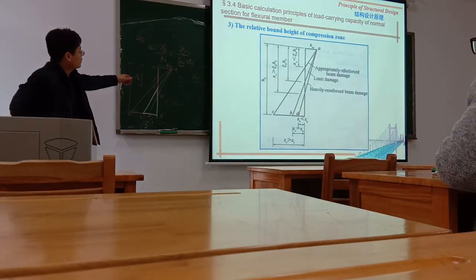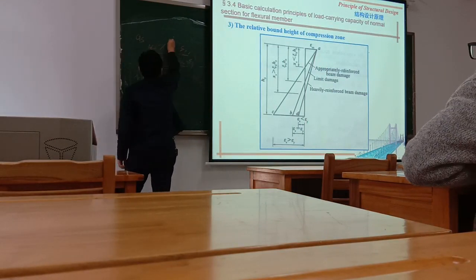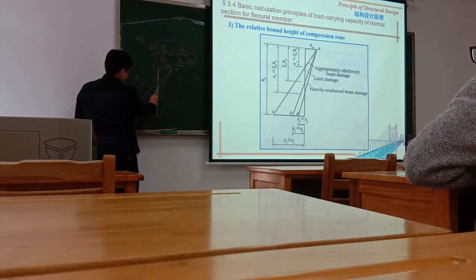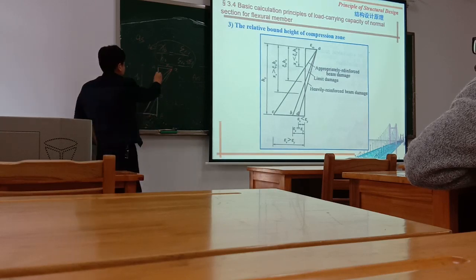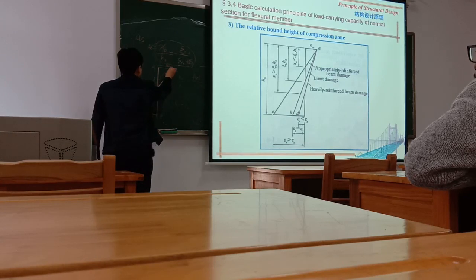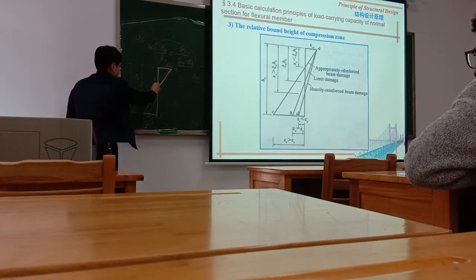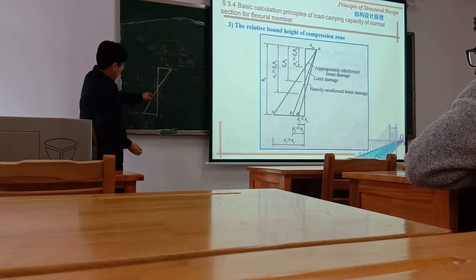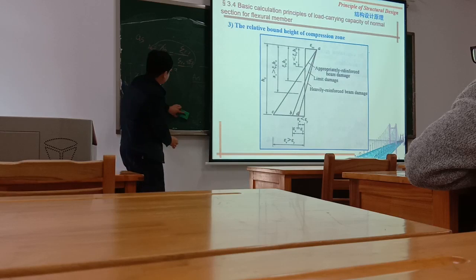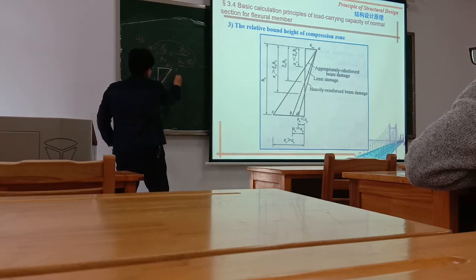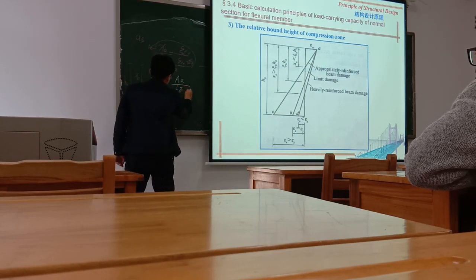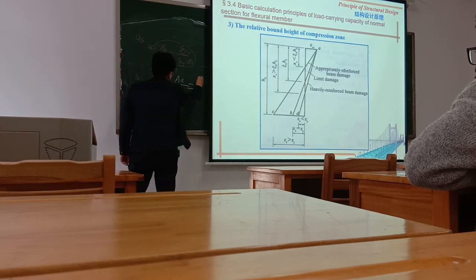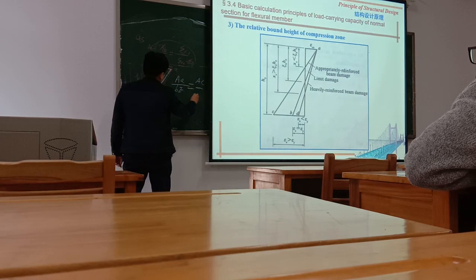Actually, why we got this formula is just because this triangle is similar to this triangle, to the AC triangle. For these two triangles, capital A, small a divided by small b, actually equals AC divided by CE, something like this.